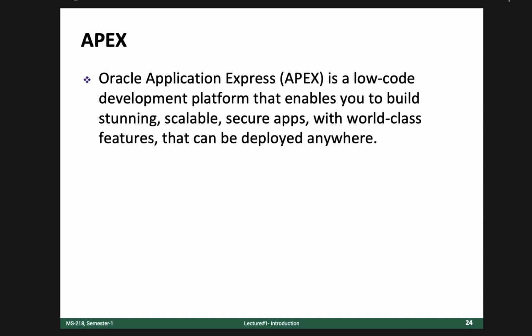On Apex you can build different applications. Obviously we wouldn't be going into detail in this course about building an application, but believe me, it's very easy to build a website or Android app or iOS app on Apex by using Oracle as a backend database.